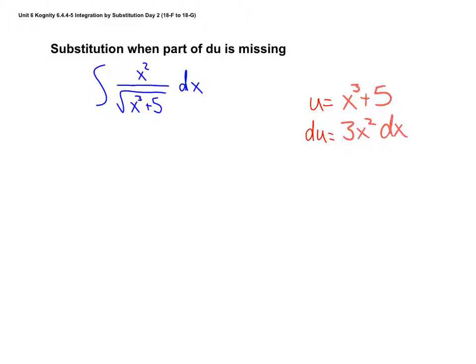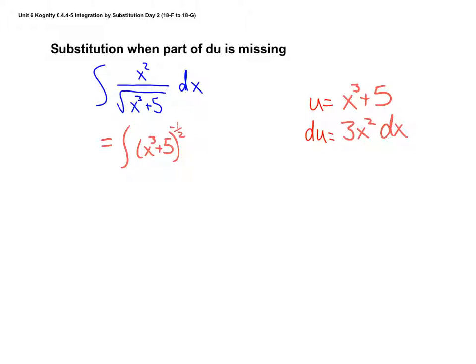Now, I want to rewrite this integral. The x cubed plus 5 square rooted in the denominator, I could rewrite as x cubed plus 5 to the negative 1/2, right? You guys can see that.